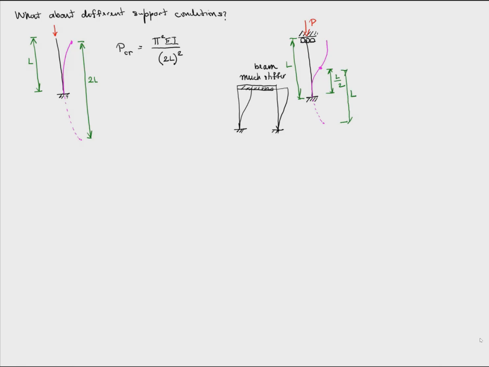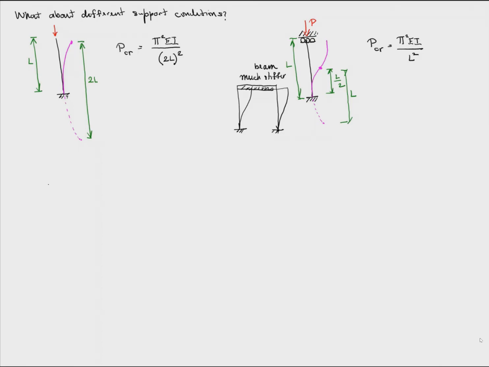So the critical buckling load of a column with these support conditions is pi squared EI over L squared, because the length that looks like a pin-pin column is L again.